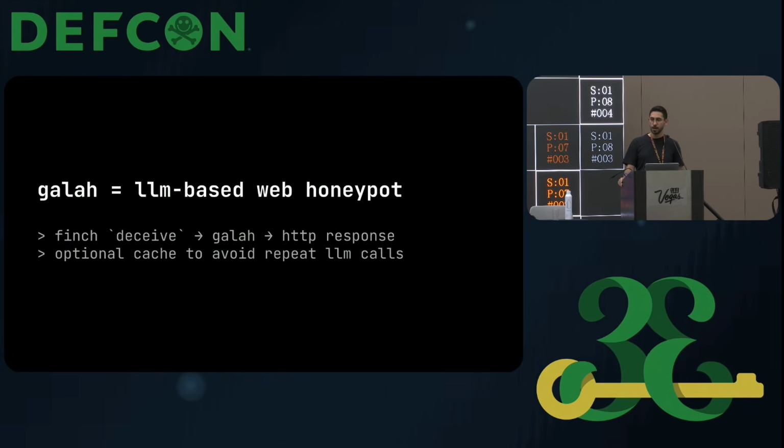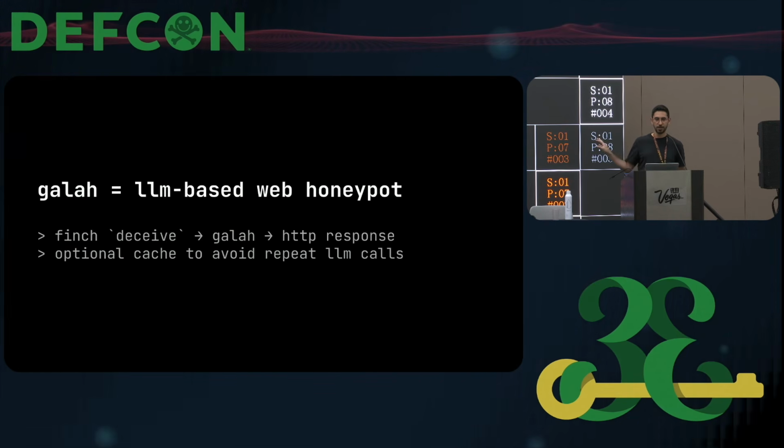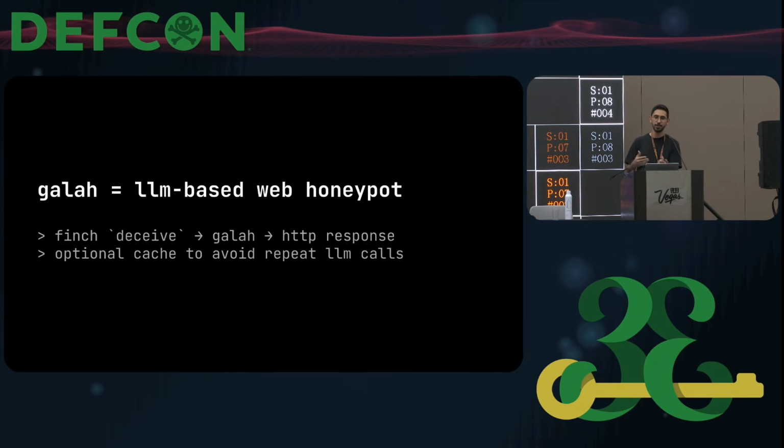So I exposed this project, GLA, as a service, and now I use this service in Finch. Whenever you use the deceive action in your rules, it calls GLA, passes the HTTP request, waits for the LLM to generate the HTTP response, and then gives it back to the attacker.